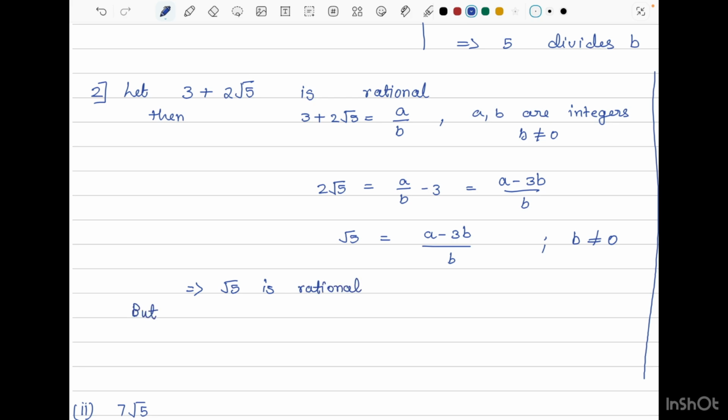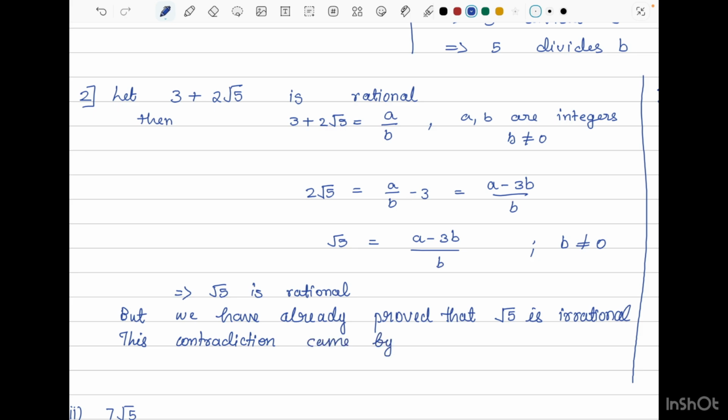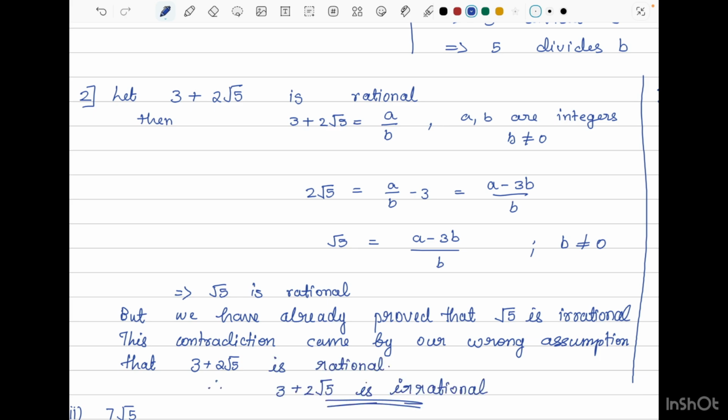But we have already proved that root 5 is irrational. This is a contradiction we got because of our wrong assumption that 3 plus 2 root 5 is rational. Therefore, we can conclude that 3 plus 2 root 5 is irrational.